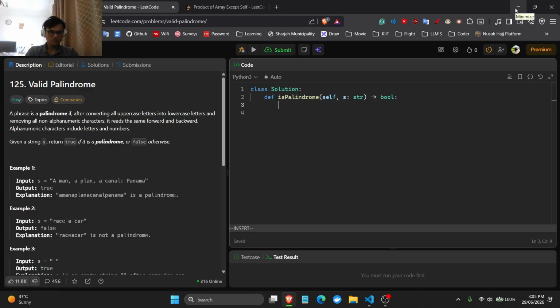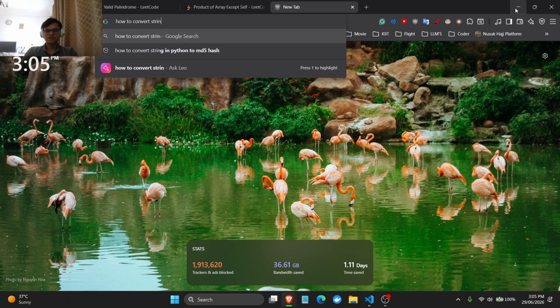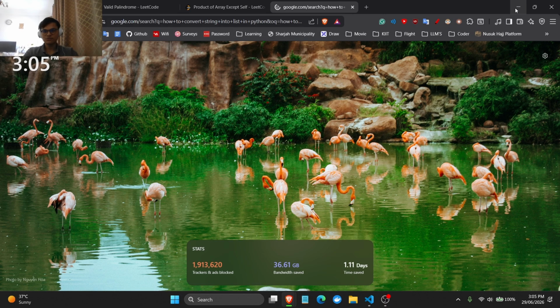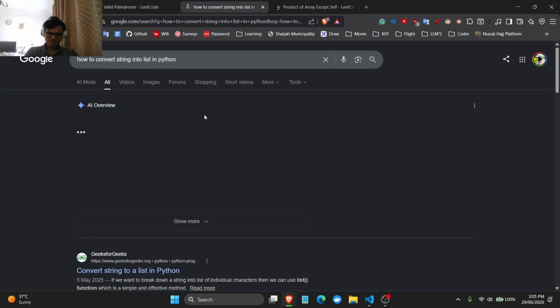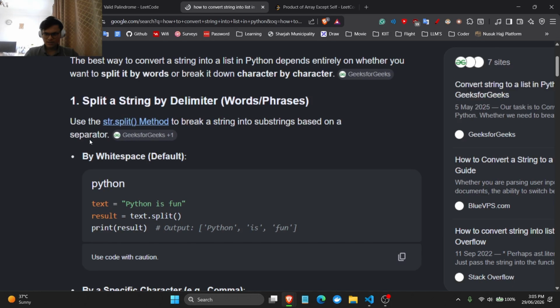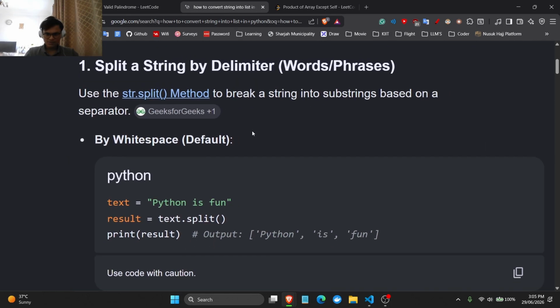We'll do string to check equal to s dot lower. How to convert string into list in Python? I don't know. It's some splitting, I think. Separator.